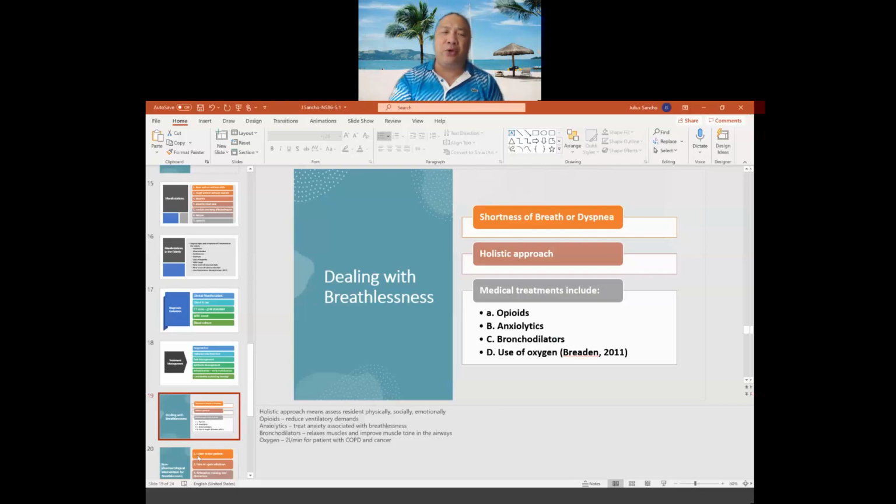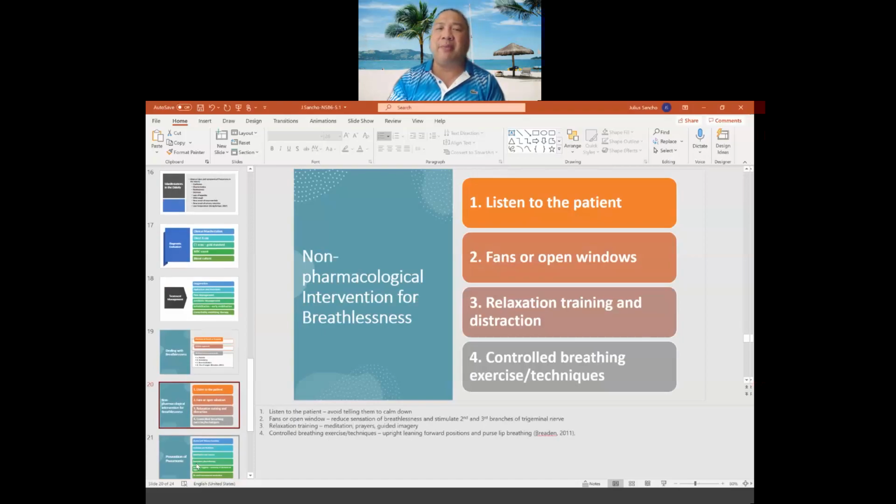But what is our non-pharmacological intervention for breathlessness? So, let's say, for example, in the facility, you saw that the resident is having breathlessness or difficulty breathing. What do you need to do? First, listen to the patient. It is very important to listen to the patient.